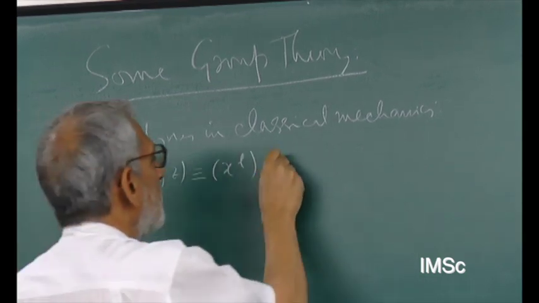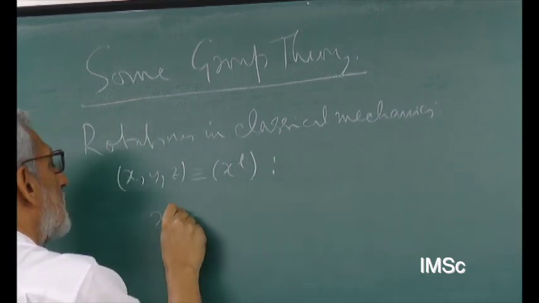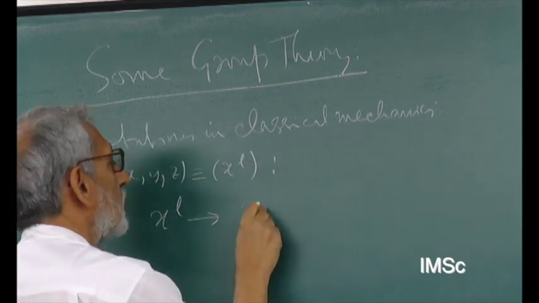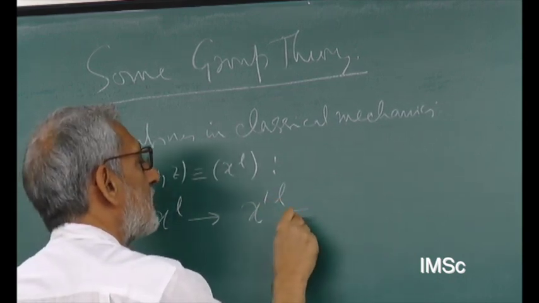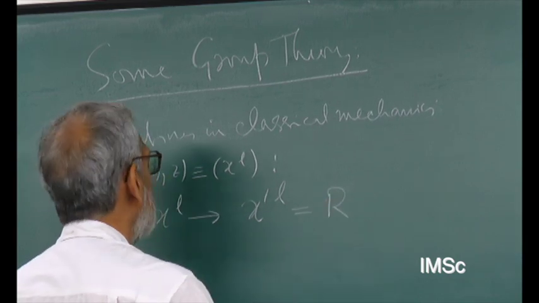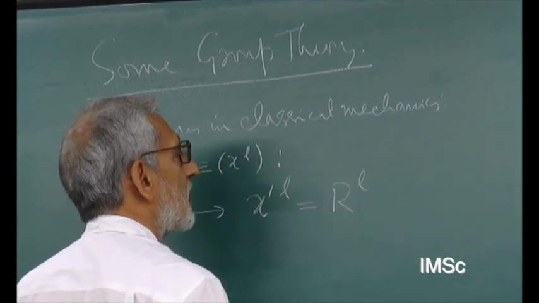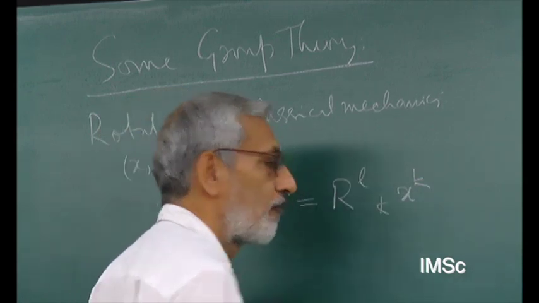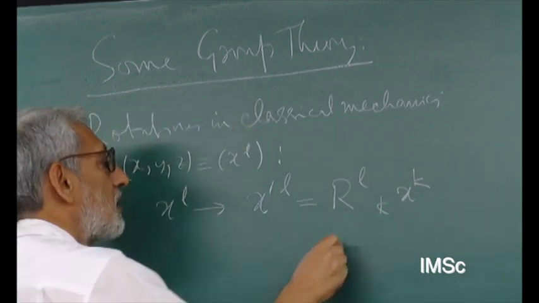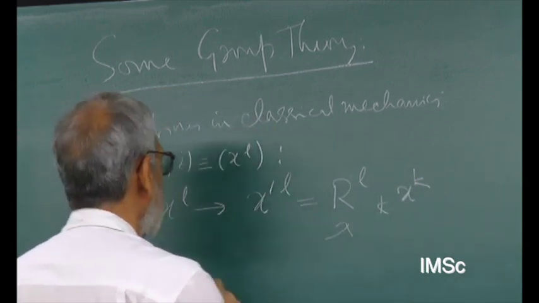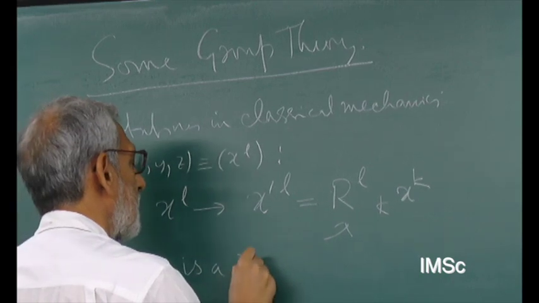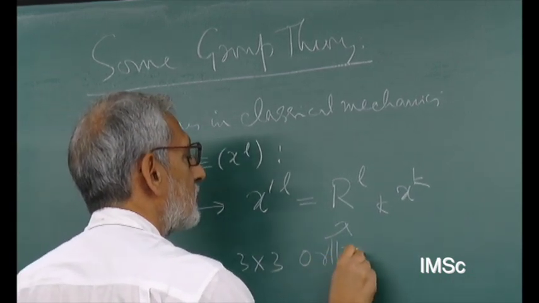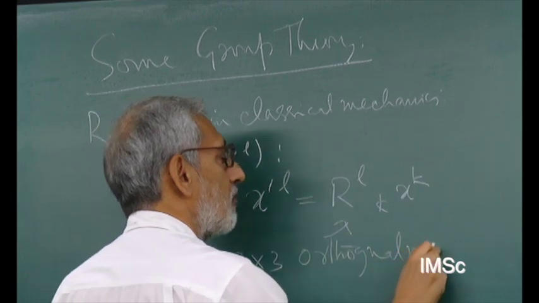Then rotation acts on these coordinates through a matrix, x_l goes to R_lk x_k, where R is a 3 cross 3 orthogonal matrix.